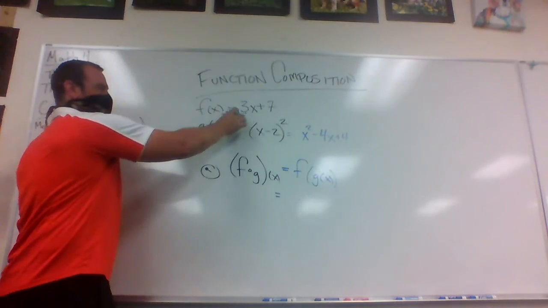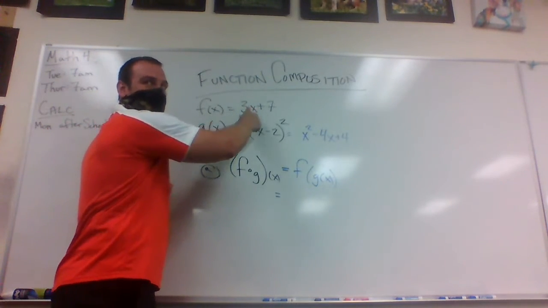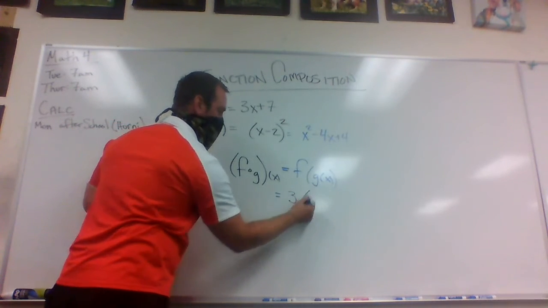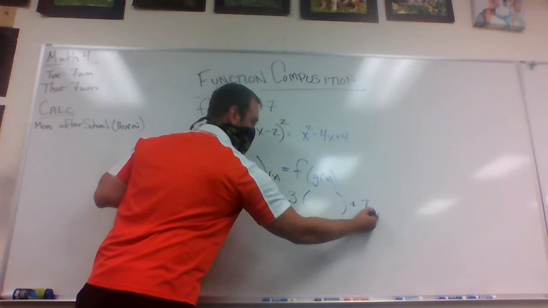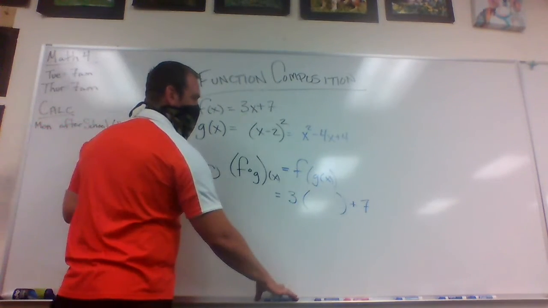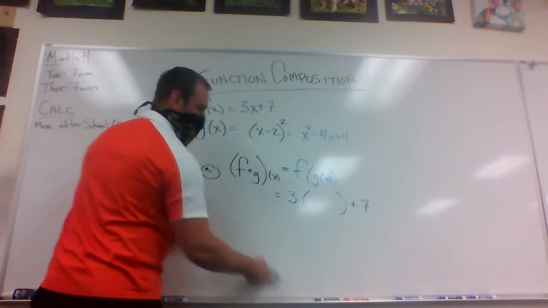Well, understand f of x is 3 times something plus 7, correct? Now that something was really x squared minus 4x plus 4.